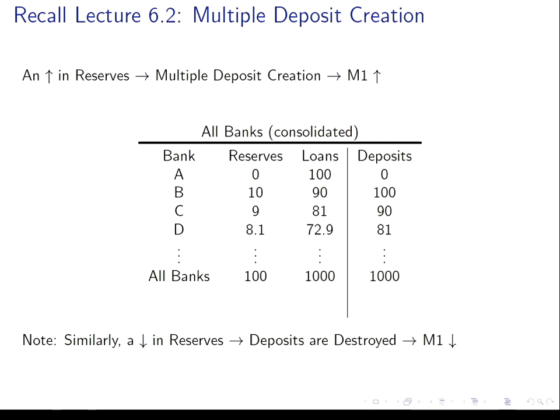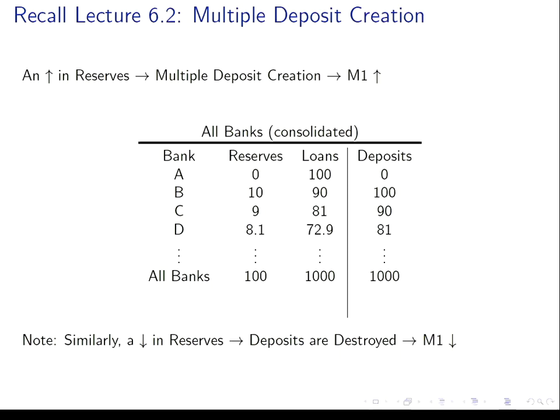That's it. And if either of these two things are true, you can understand that this cycle of multiple deposit creation will either be completely stopped, or kind of subdued.